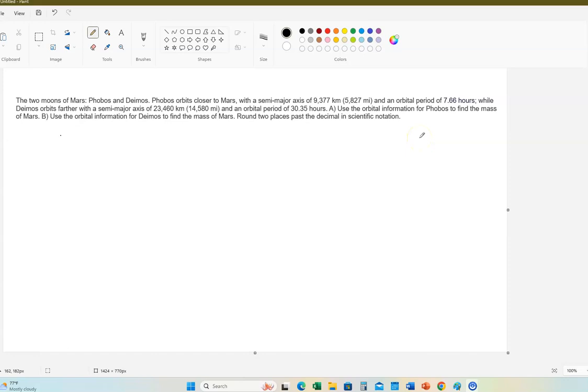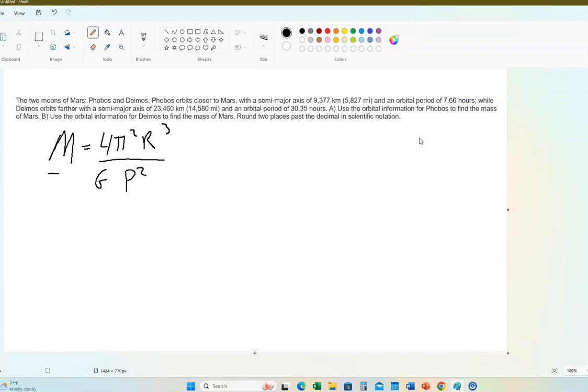Just as a reminder, here's what we're going to use, right? Mass is going to equal 4 pi squared. This is, of course, the modified version of Kepler's third law. R to the third, where R is the distance from the center of the main mass M, where the main mass is, of course, going to be Mars here, divided by G, divided by the period squared.